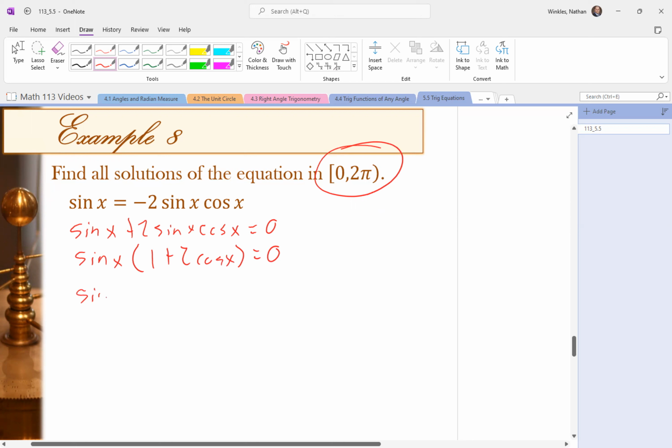So this means that sine of x equals 0 and cosine x equals negative 1/2. So sine of x equals 0. So x equals pi over 2 plus 2n pi and 3 pi over 2 plus 2n pi.